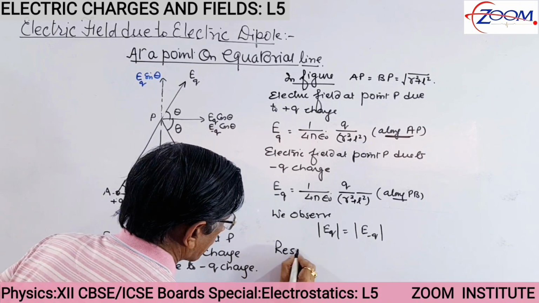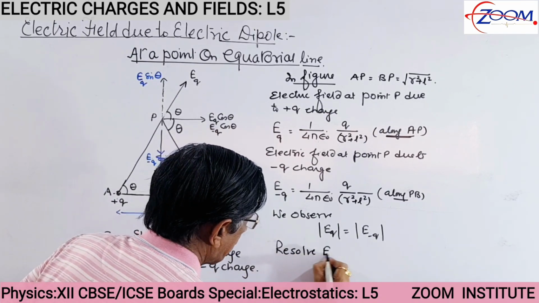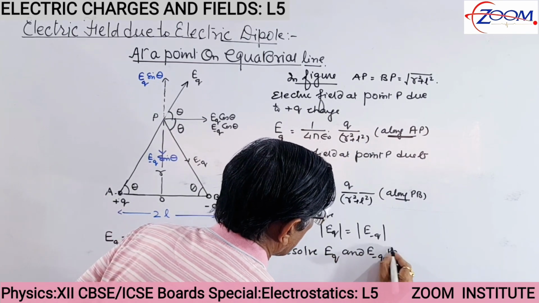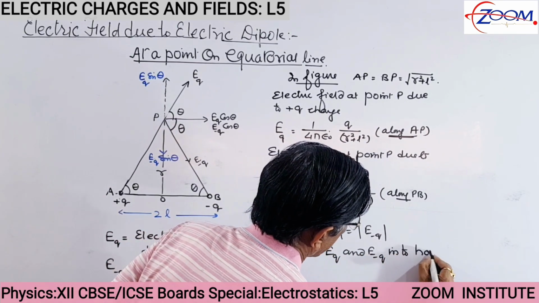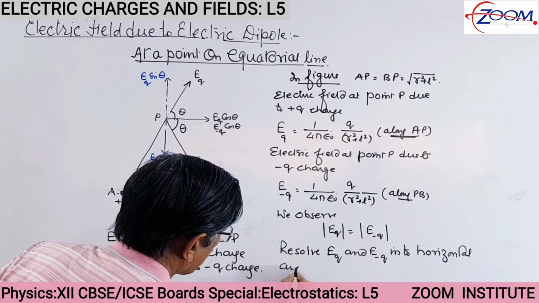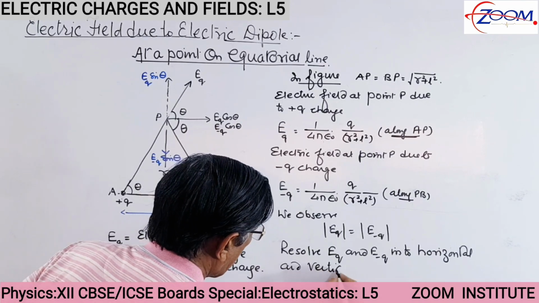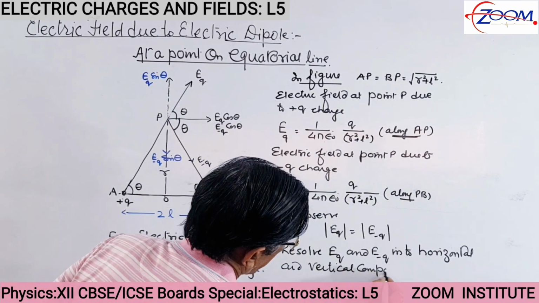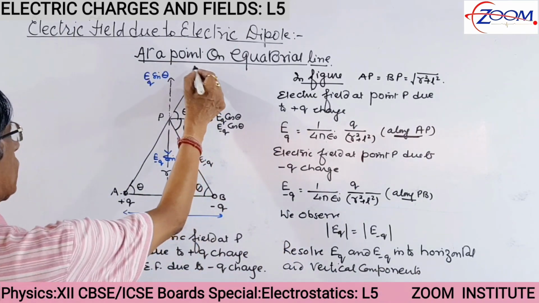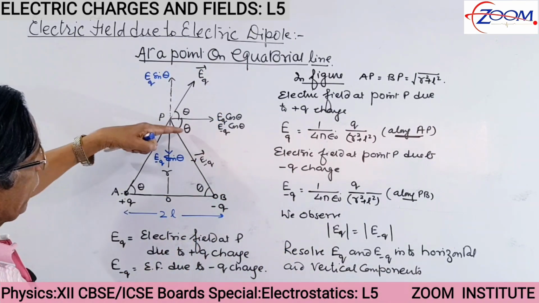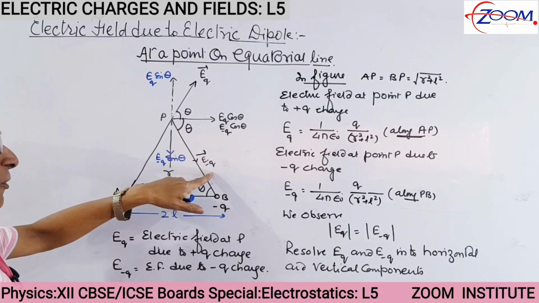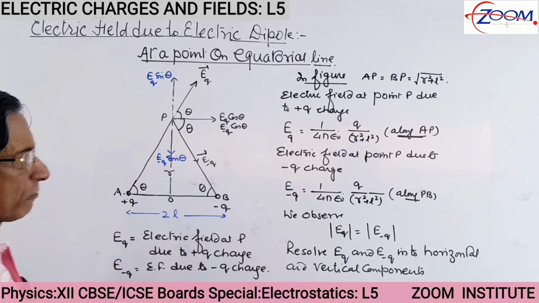Resolve E_q and E_minus q into horizontal and vertical components. This is electric field, it is a vector quantity, so you can resolve them into horizontal and vertical components. In the same way, E_minus q can also be resolved in horizontal and vertical components.